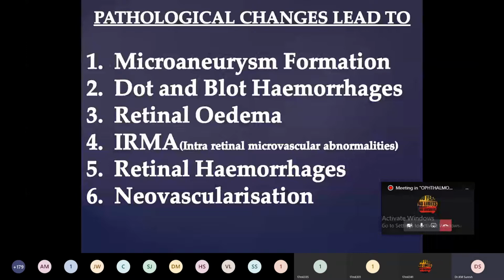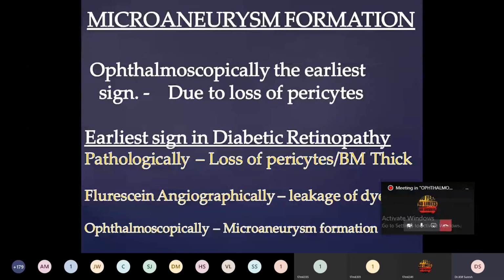So many a time you will be asked in the viva, or you are supposed to know, what is the earliest change in case of diabetic retinopathy. You will definitely be appreciated if you say the earliest change in diabetic retinopathy is microaneurysm formation. But if you want to be a little better in answering that particular question, you can answer like this.